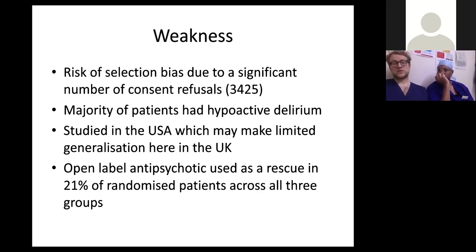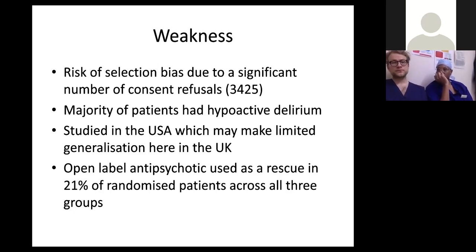What weaknesses were there? The risk of selection bias due to a significant number of consent refusals, so 3,425 individuals of the original 20,000 included either didn't give consent themselves or had an advocate not give consent.